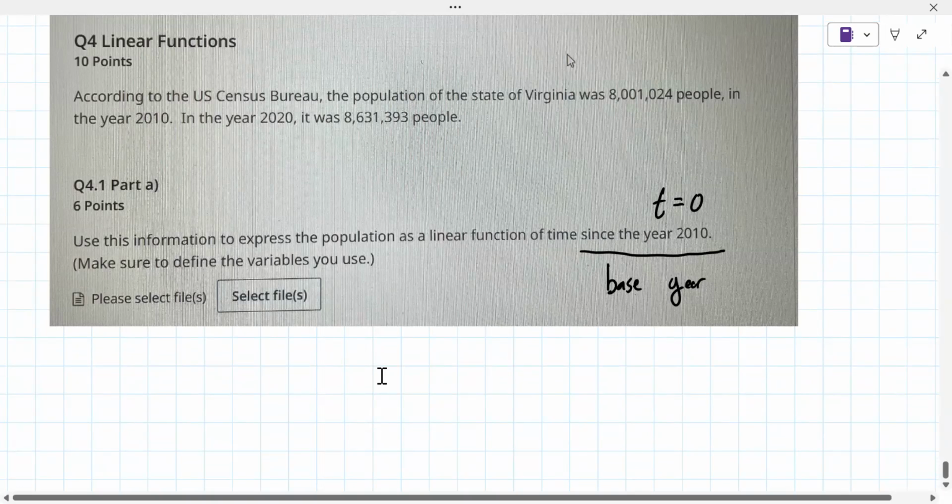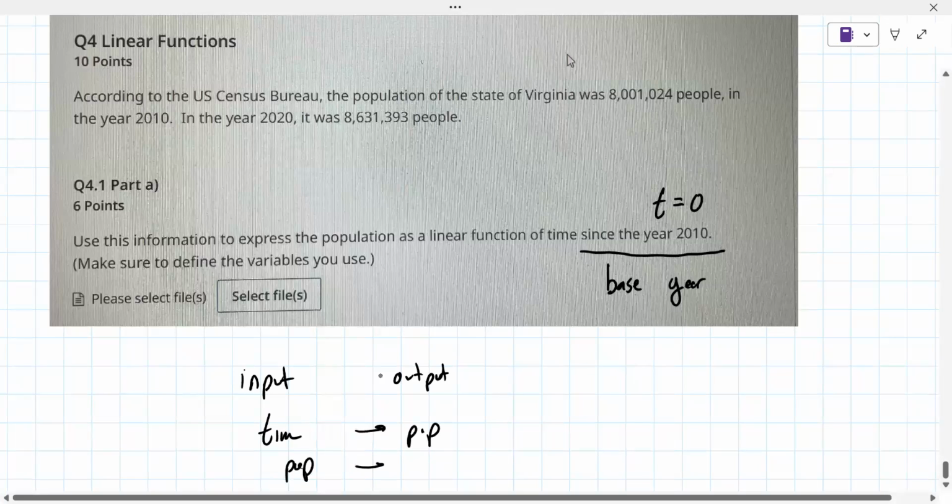So this is kind of like what we're working on in the first two example problems. You need to come up with what is the input and what is the output. Is it time to population or population to time? What do you say here?